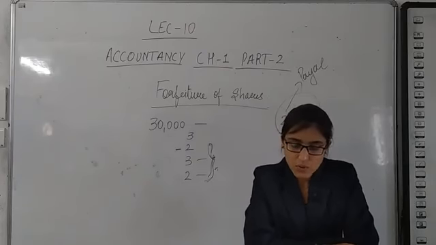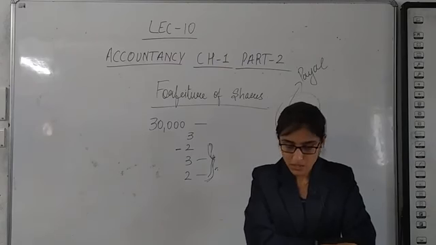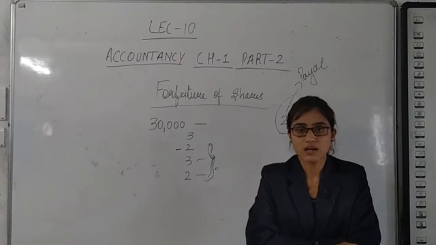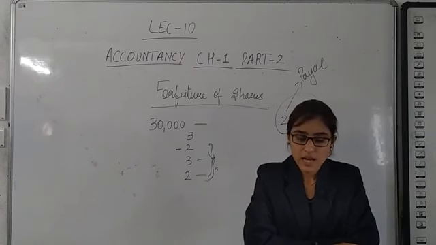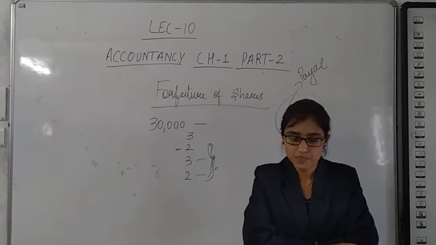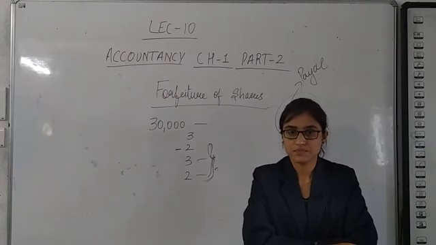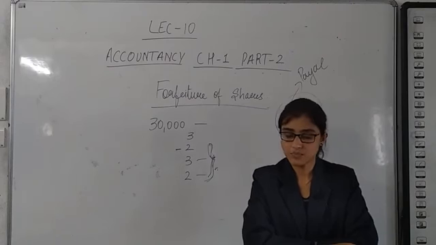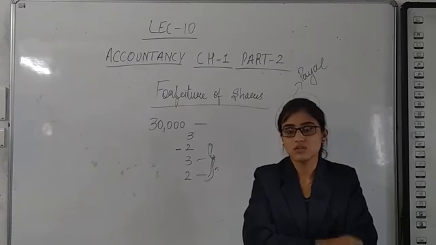When shares are forfeited, the following entries are passed in the books of the company under different situations, of which the first situation is when shares are issued at par or at premium and the full amount of premium is received.